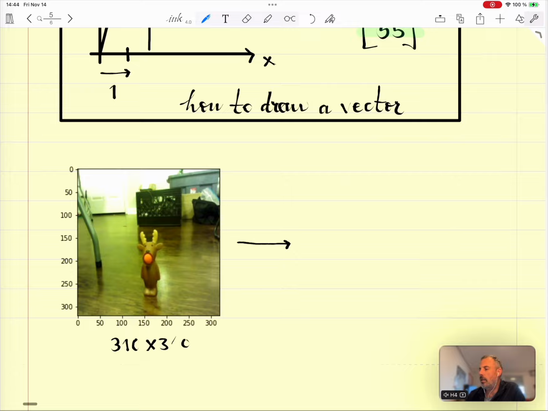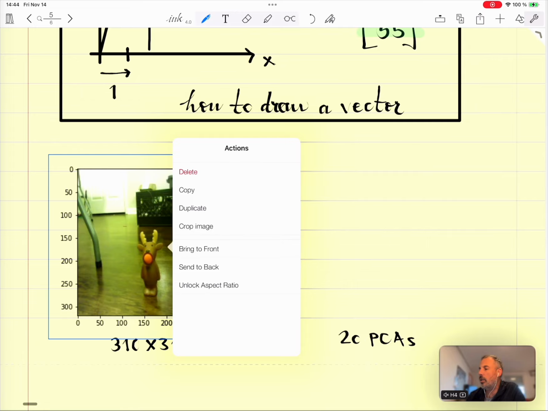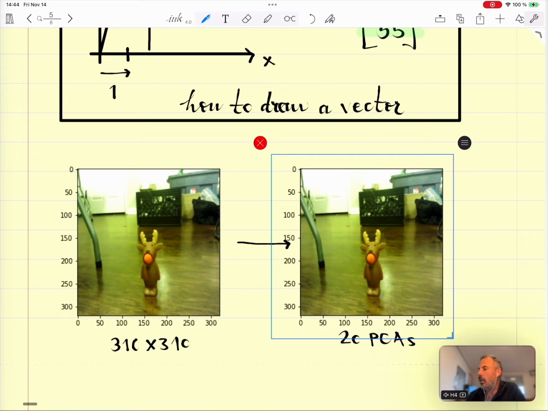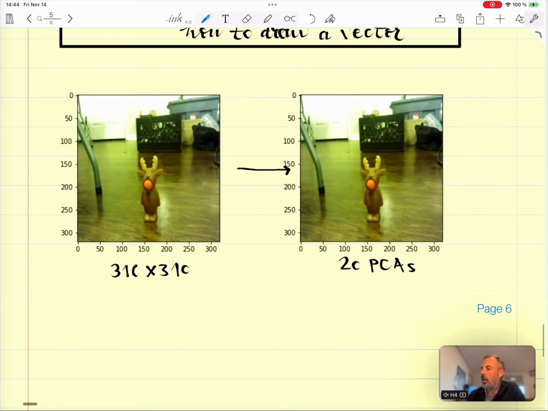You might send this image so that it's recognized using only 20 PCAs, and you would still send the same image with less resolution. Or maybe you've heard of zip data compression. This is the principle used behind data compression.